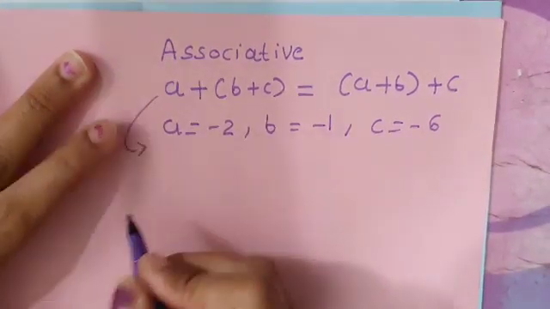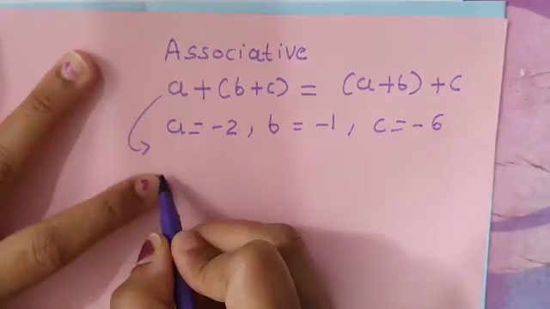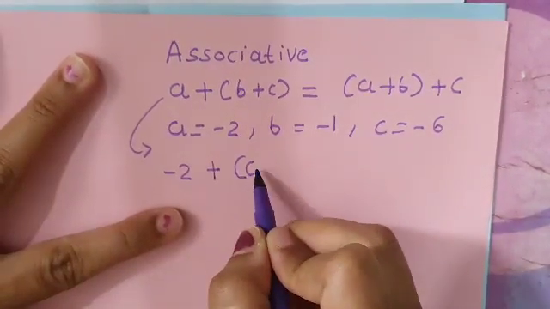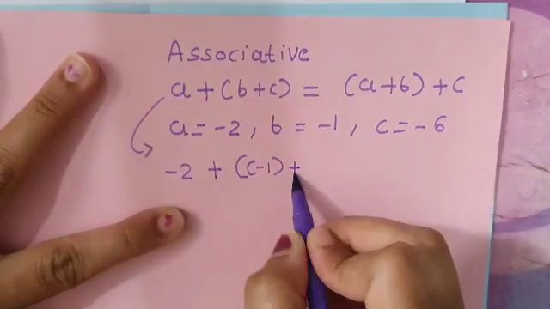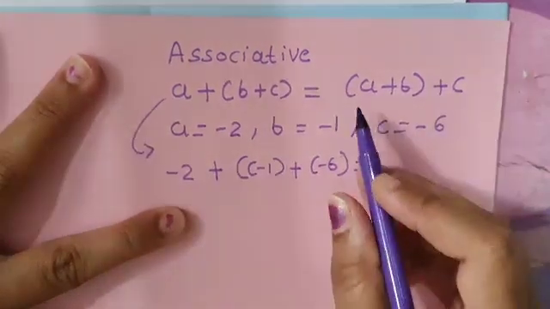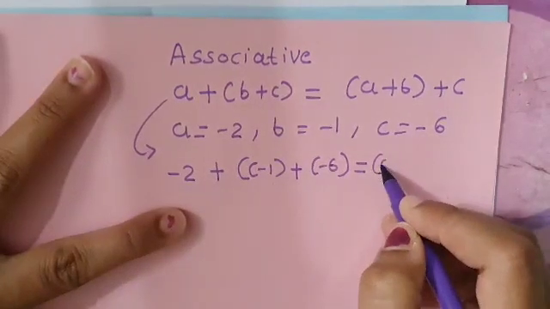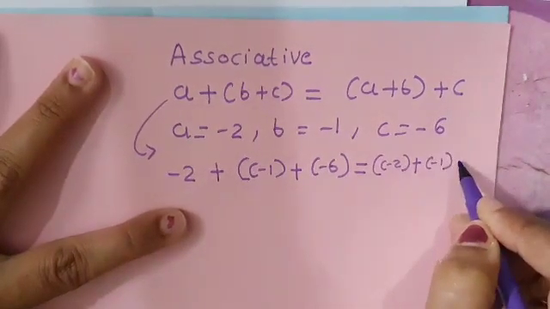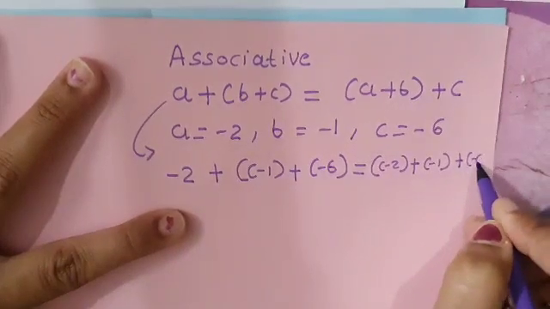Now for this statement, let's place these values. -2 plus (-1 plus -6) is equal to (-2 plus -1) plus -6.